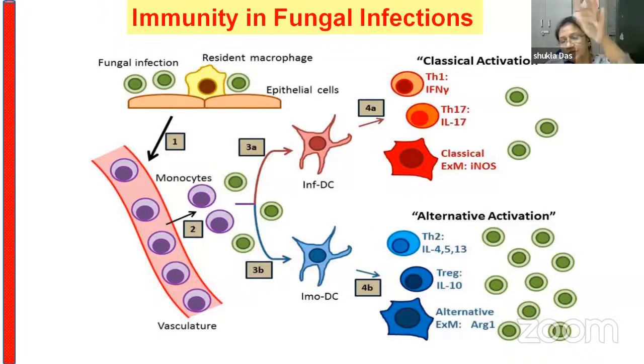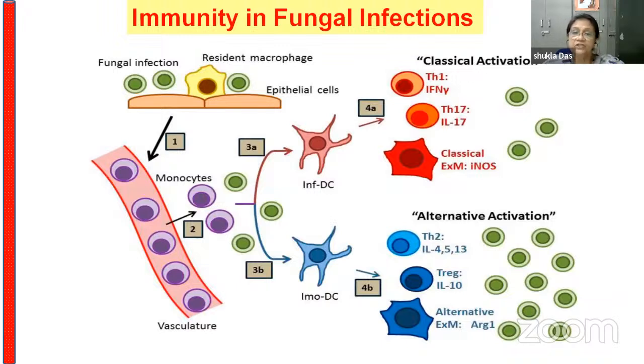So you see there is a very thin line of difference. An inflammatory dendritic cell will release inflammatory cytokines to bring down the infection. An anti-inflammatory immunomodulatory dendritic cell is trying to curb inflammation. Why? So that it does not disturb the tissues, and tissue damage does not occur.